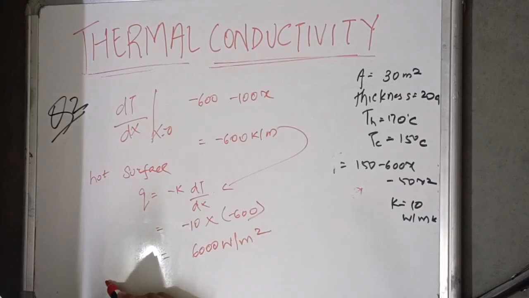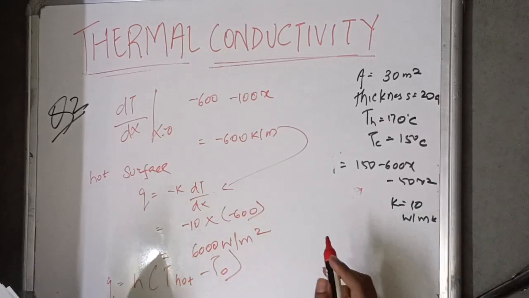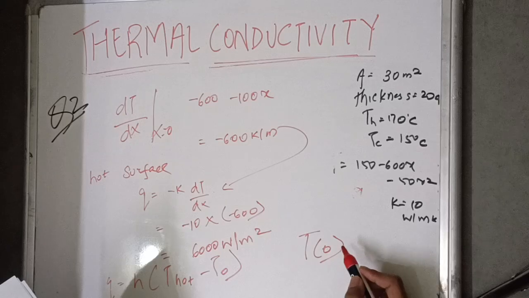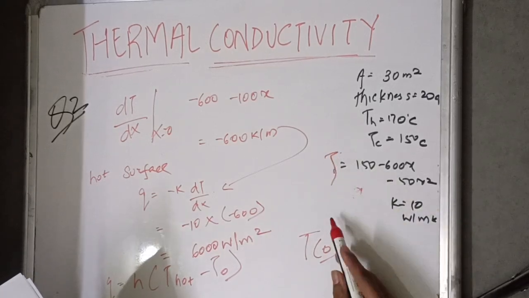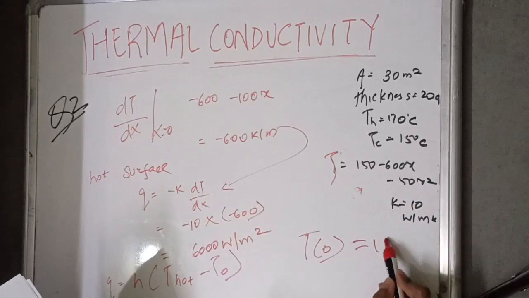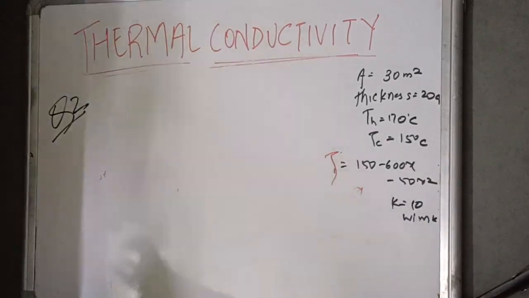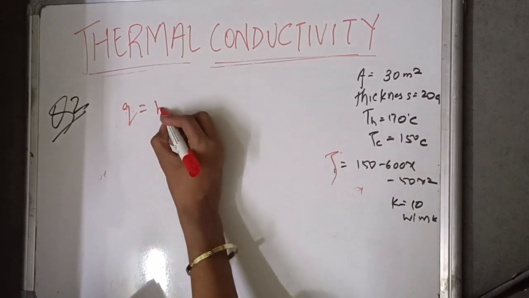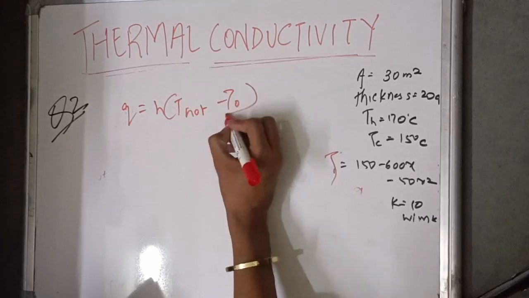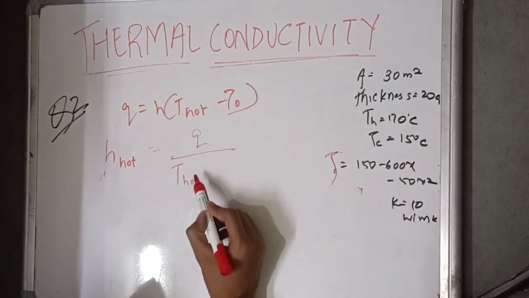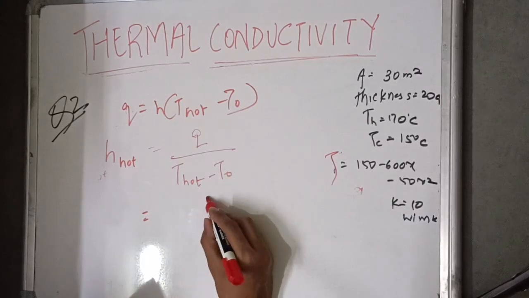We have to find the value of heat transfer coefficient of hot fluid, so we need the hot fluid temperature minus the initial temperature. Putting the value of x as 0, we got the temperature as 150. Substituting T hot minus T naught, the heat transfer coefficient for the hot side will be Q upon T hot minus T naught.